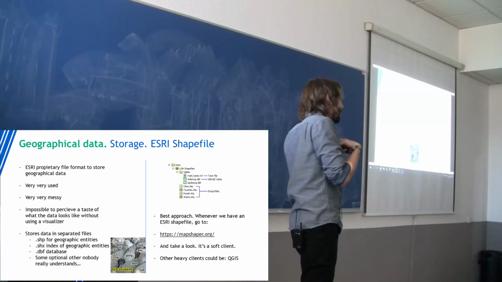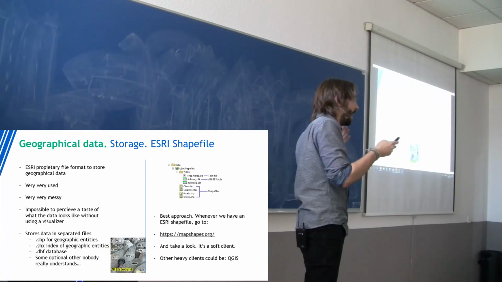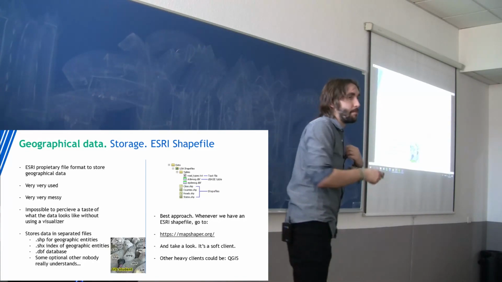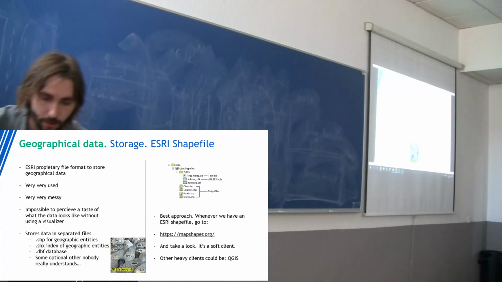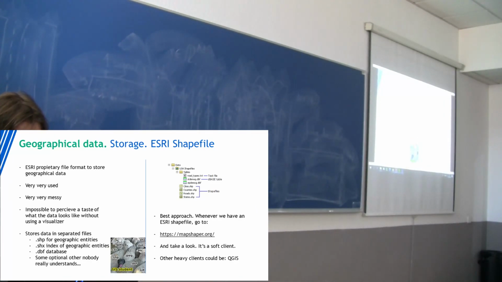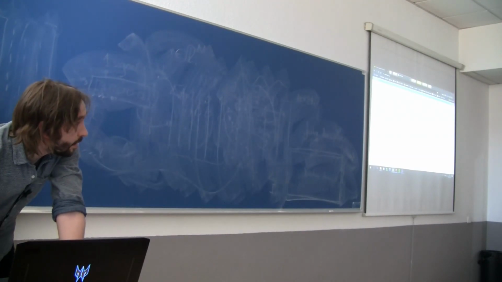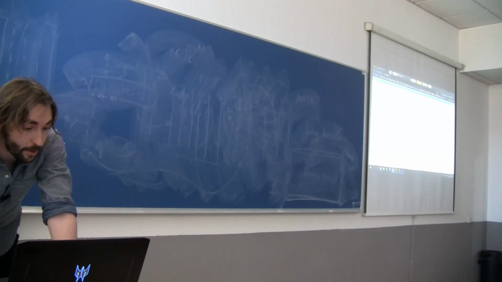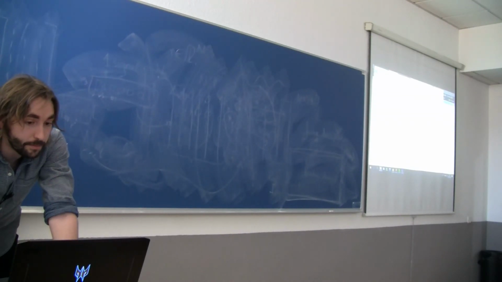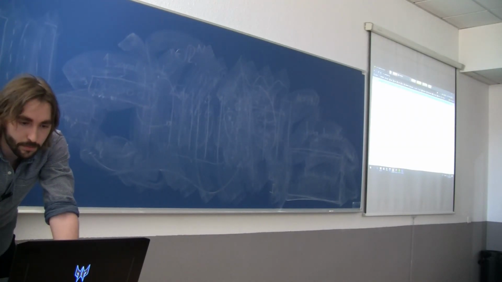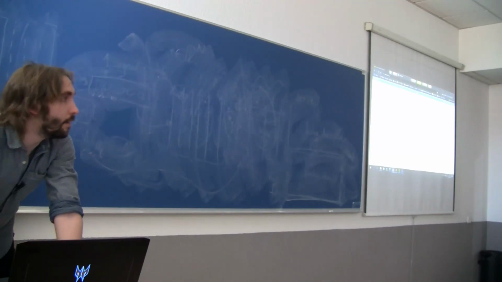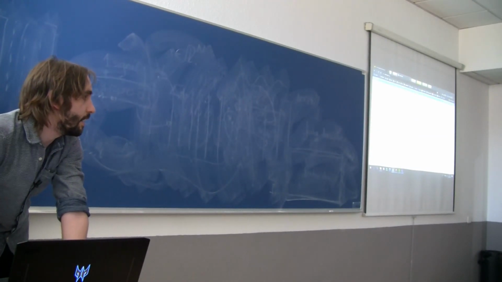So what I would do if suddenly I have to process something like that, I would go to this website, Map Shaper, and this is a soft client in which you can just drag and drop a file like that one, import it, and now you can have a taste of what is inside.